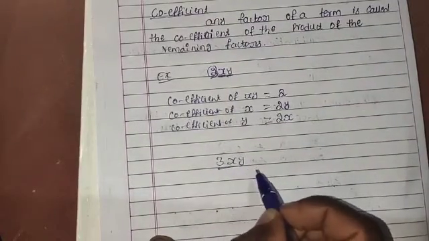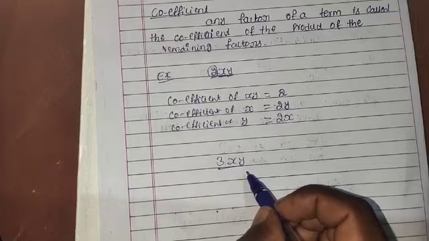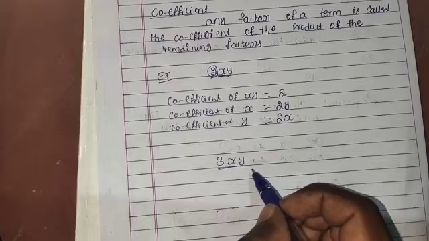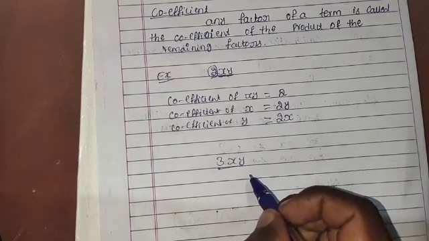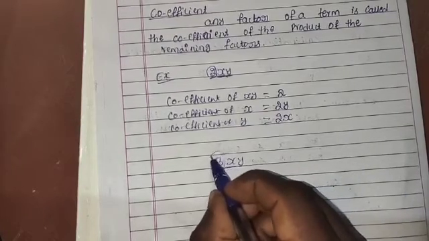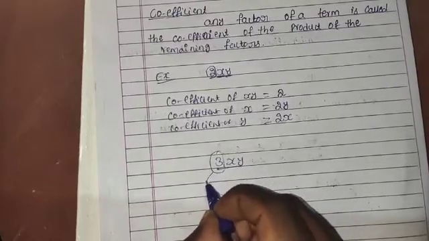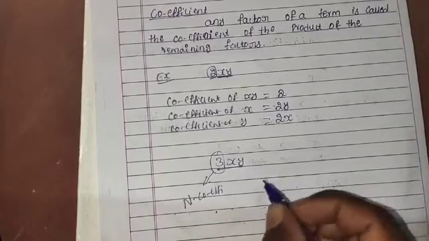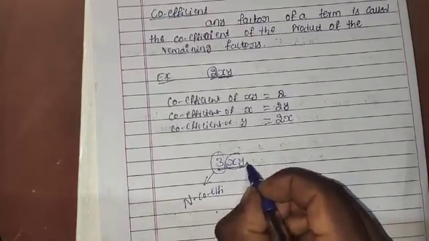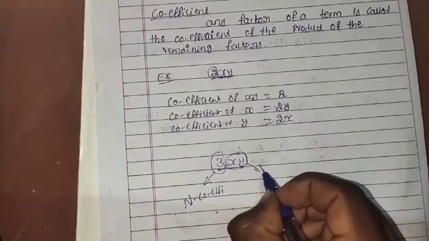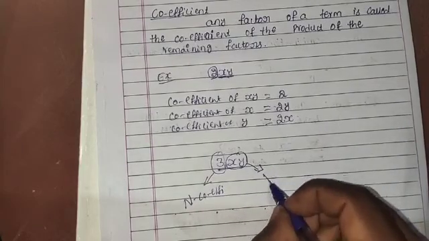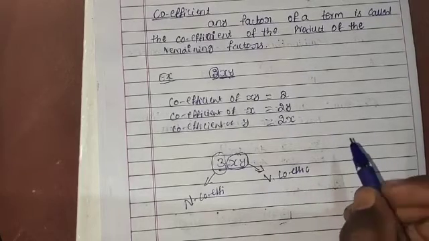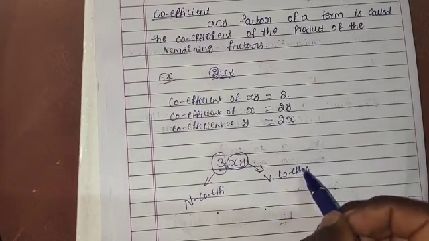The constant value, that is 3, is called the numerical coefficient, and the variable factor xy is called the variable coefficient.